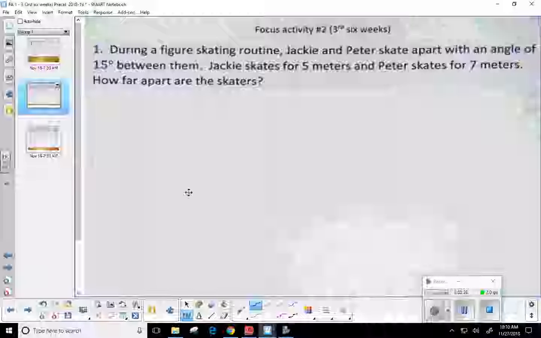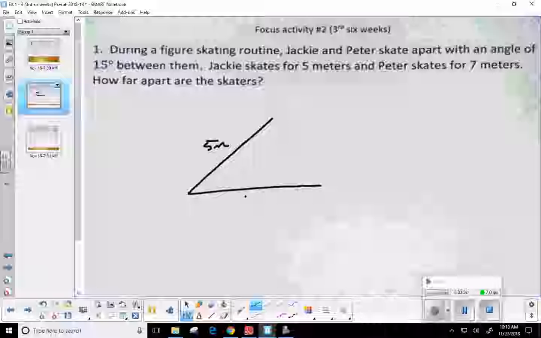These two are standing pretty close to each other. Jackie skates off and goes 5 meters. Then Peter goes off in his own direction. He skates for 7 meters, and we're told that there's a 15-degree angle between them. We want to know, once they stop, how far apart those skaters are. Pretty basic little design.